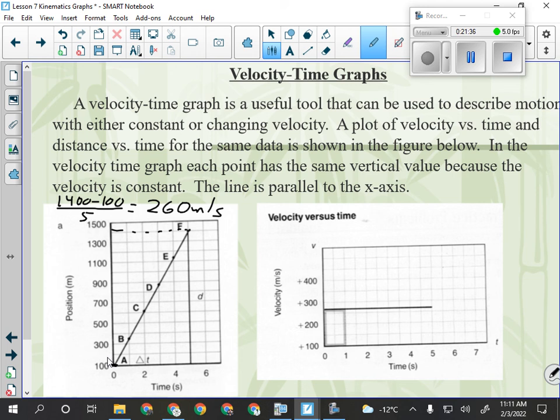Well, the slope of a velocity versus time graph is the rate at which velocity changes. In other words, the acceleration of the object. I think I showed you this yesterday. But if I'm looking at a velocity versus time graph, and let's say that my velocity versus time graph looks like this instead.